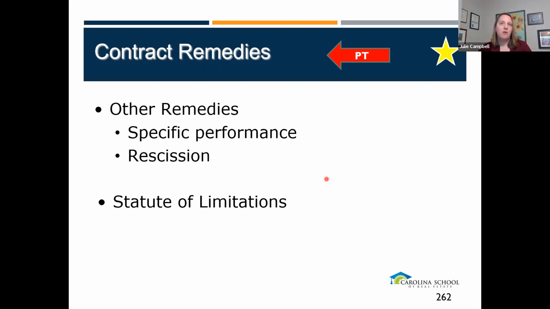Bottom line, if you're going to sue somebody, do it sooner rather than later. Once that statute of limitations runs out, you've lost your right to sue. Statute of frauds, statute of limitations, Connor Act, flashcards. Good times.